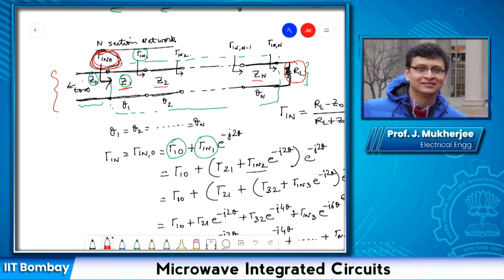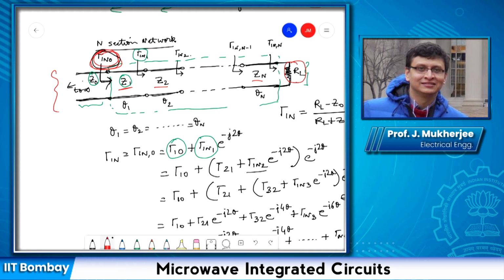So that is a topic we will be covering in the next part of lecture 11, where we will be starting with some prototype functions. I'll explain what is a prototype function. And these prototype functions are the binomial and the Chebyshev functions.